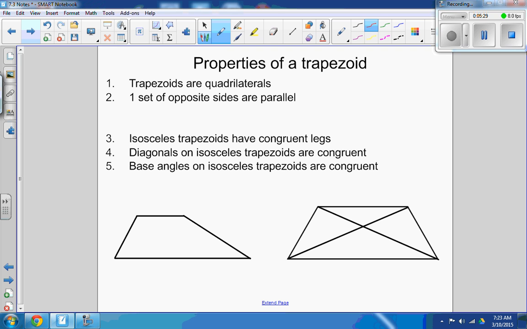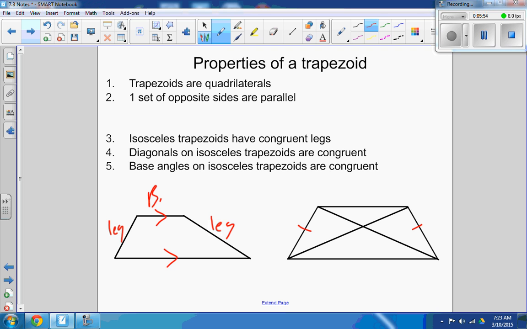Now let's look at the properties of a trapezoid. First off, trapezoids are quadrilaterals, and one set of opposite sides are parallel. There we go. Those are the properties of a trapezoid. Now let's look at isosceles trapezoids. Isosceles trapezoids have congruent legs. The non-parallel sides are called the legs.